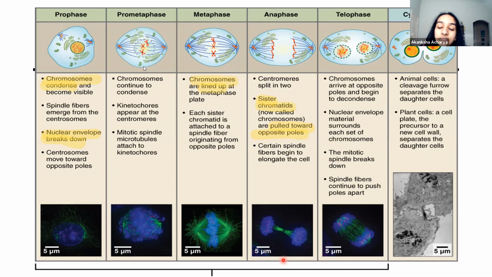And then telophase is when you're done doing the actual division and now you're fixing up for the cell to become two, or your nuclear division is done. So we could say chromosomes arrive at opposite poles.